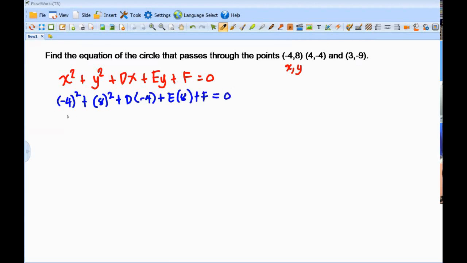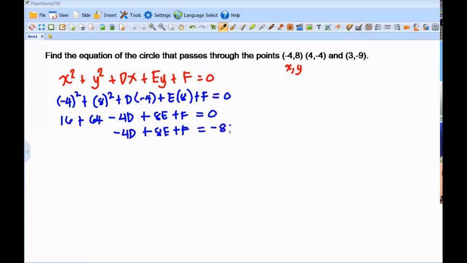Then we have 16 plus 64 minus 4d plus 8e plus f is equal to 0. Combining 16 plus 64 gives 80, so -4d plus 8e plus f is equal to -80. That is your equation 1.